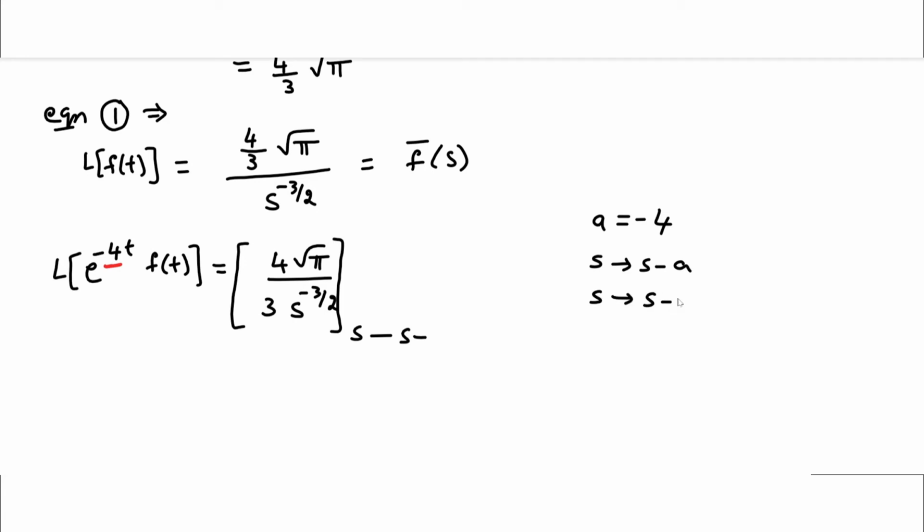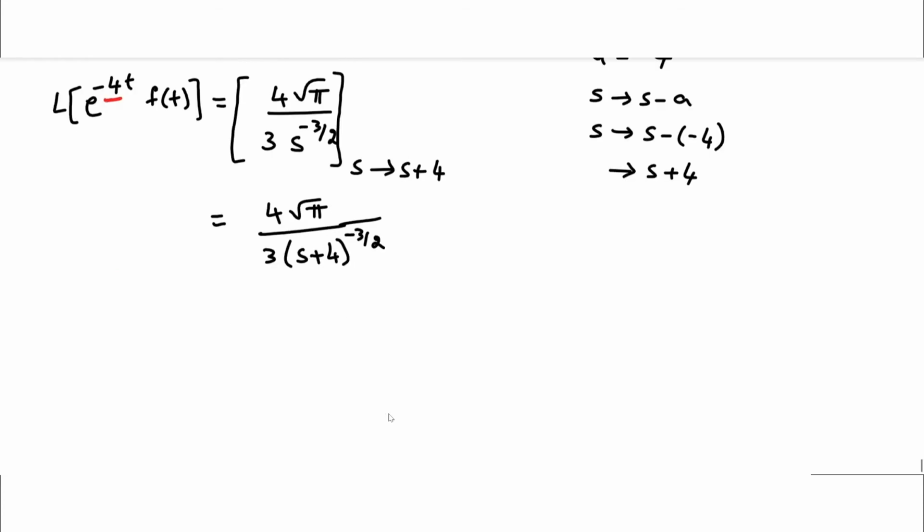So s is being shifted to s minus, a value is minus 4, therefore minus of minus will be plus, s plus 4. So just replace the value of s as s plus 4. You will be getting 4 root of pi divided by 3 into s plus 4 to the power of minus 3 by 2.